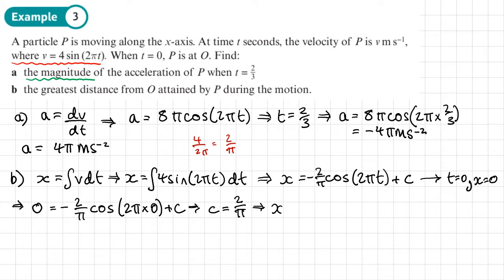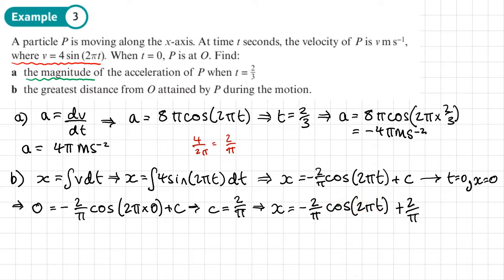So my full expression for the displacement is negative 2 over pi cos 2 pi t plus 2 over pi. And we want to use this here to find the greatest distance. Now, it's this part that's going to make the difference to displacement.